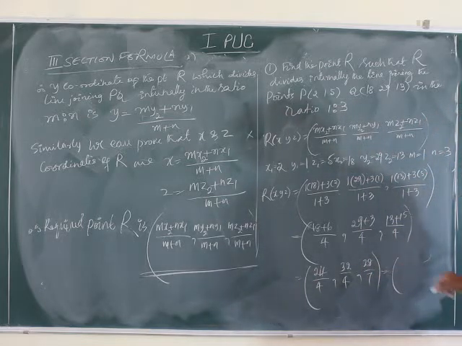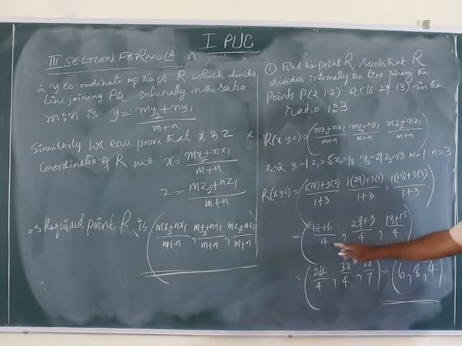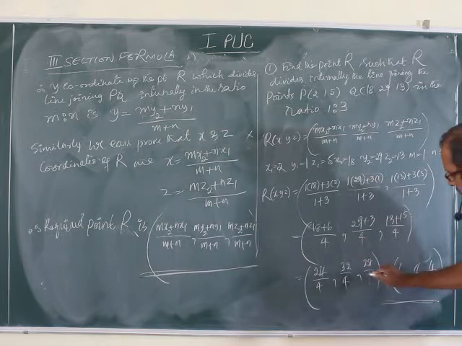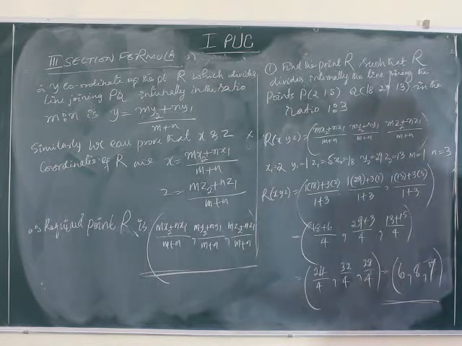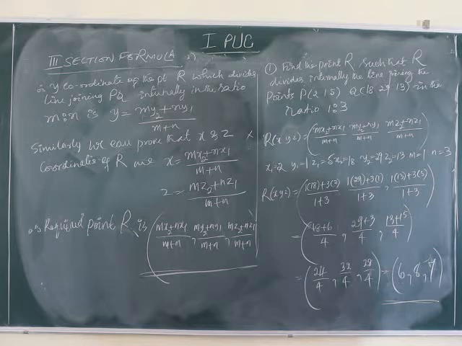Or the required point is 6, 8, 4. Sorry, how does it become 4, 4, 4? Yes, correct, no? 28 by 4 is 7, so 6, 8, 7.